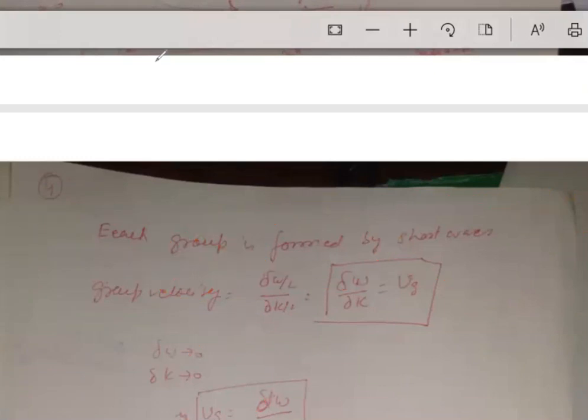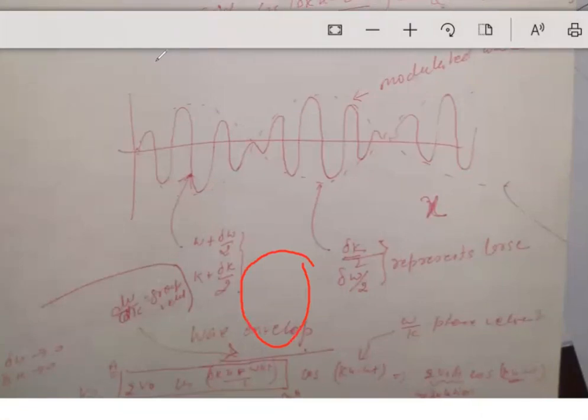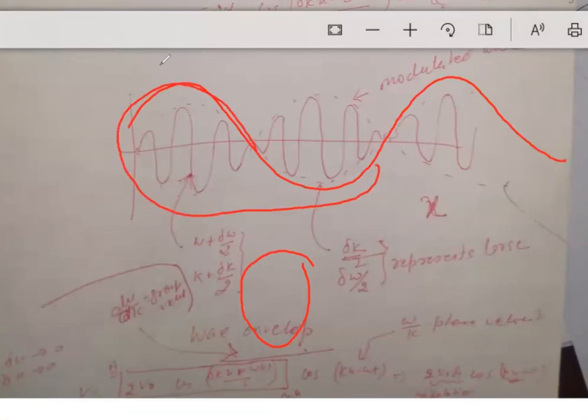If you look at the smaller frequency, a smaller frequency means a larger time period. In one period, let's say you consider just this much, there are lots of groups of waves.